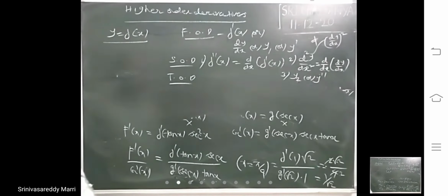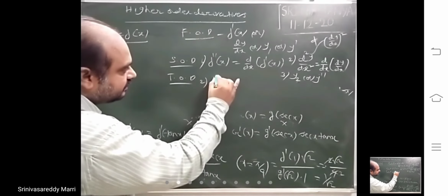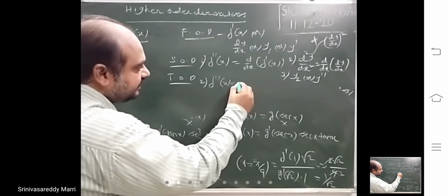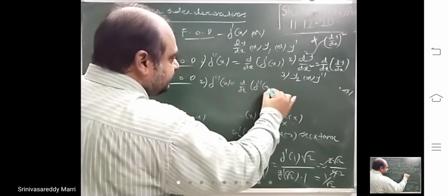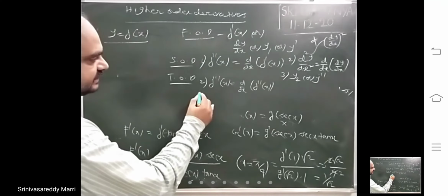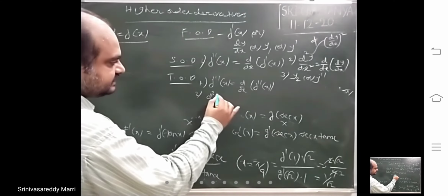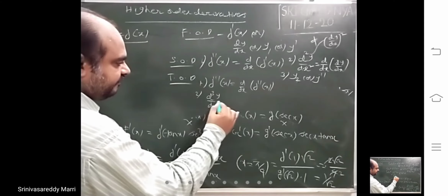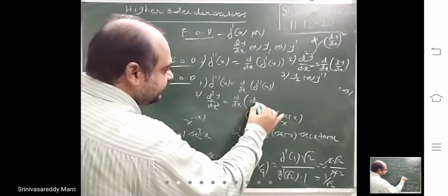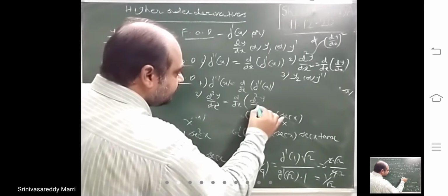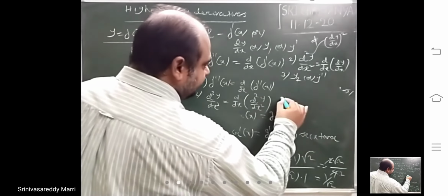The third order derivative we indicate by f triple dash x, which is d by dx of f double dash x, or otherwise d cube y by dx cube, which is d by dx of the second order derivative.